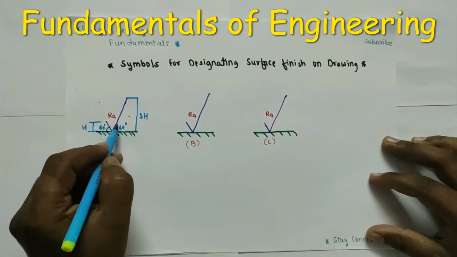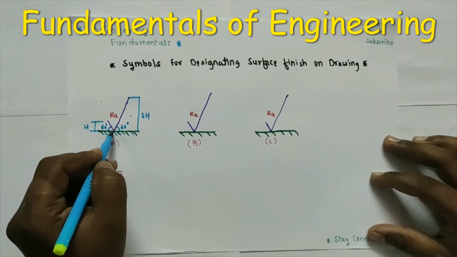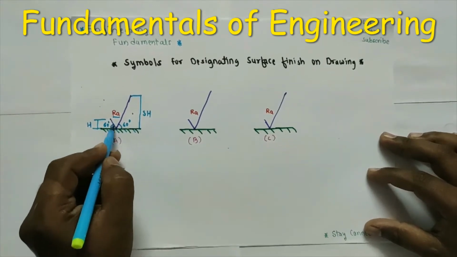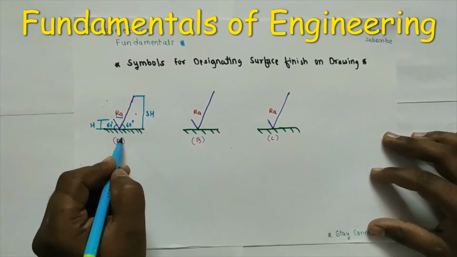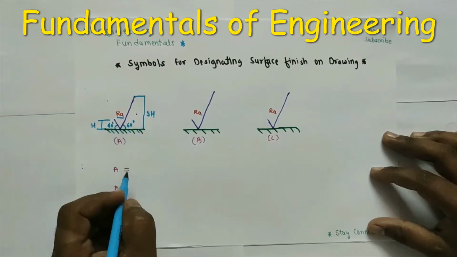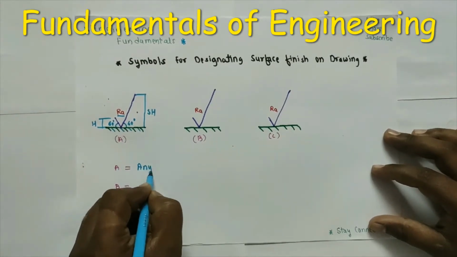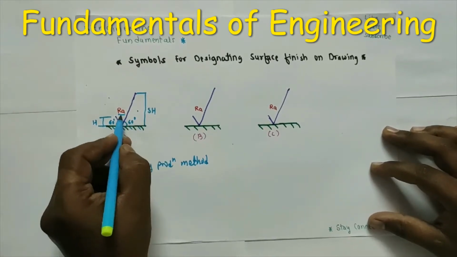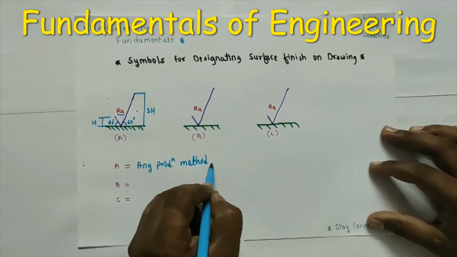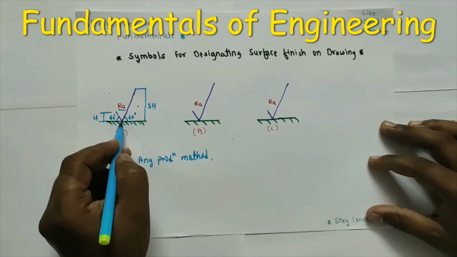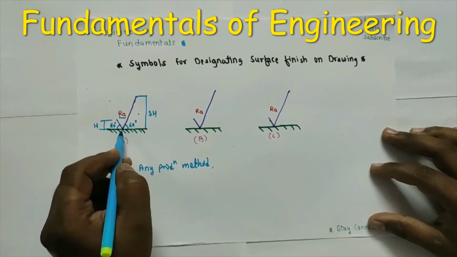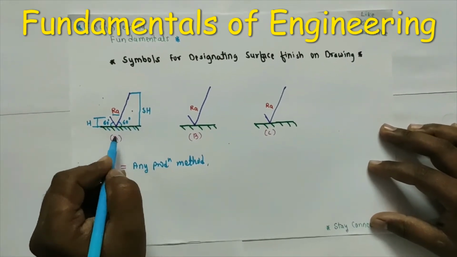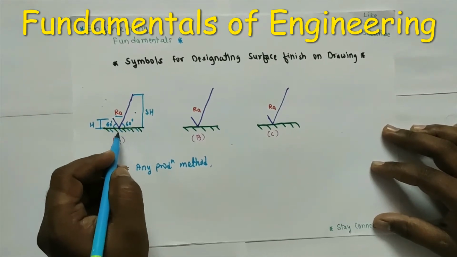If the roughness is mentioned on a drawing in this fashion, the Ra value is obtained by any production method, either a chip formation method or a chipless method. This is the first symbolic representation of surface finish on a drawing.